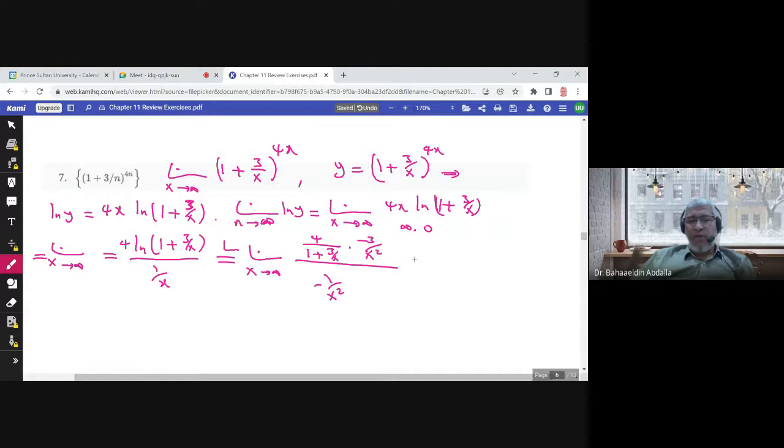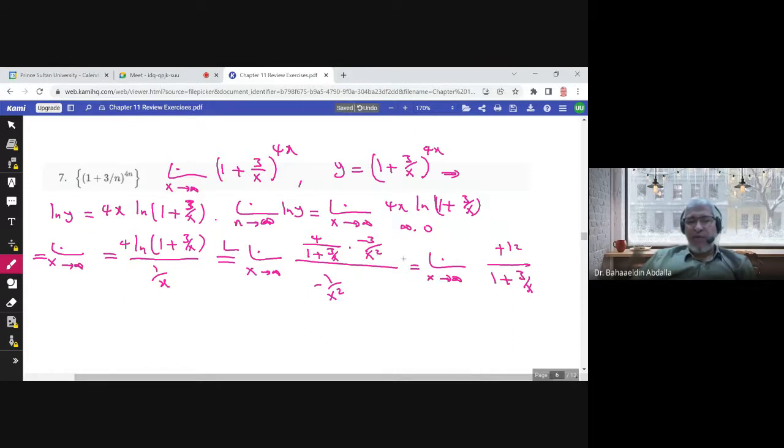So if I multiply both sides by x squared, the negative cancels with the negative and x squared cancels with x squared, and I'll have the limit of 12 over 1 plus 3 over x.